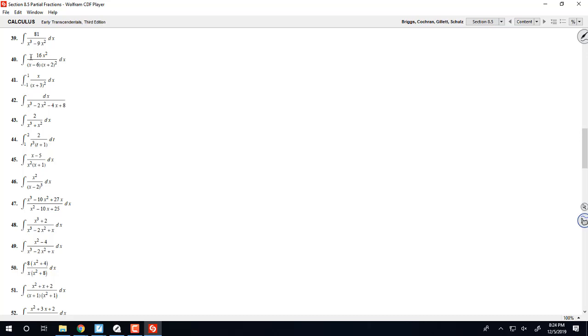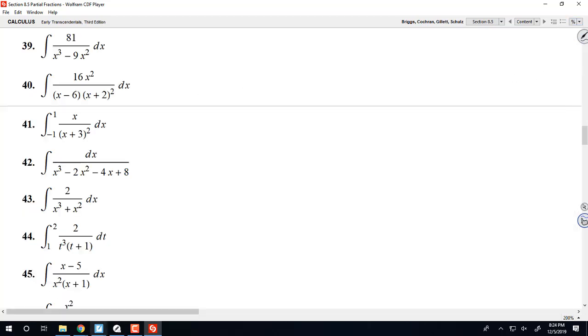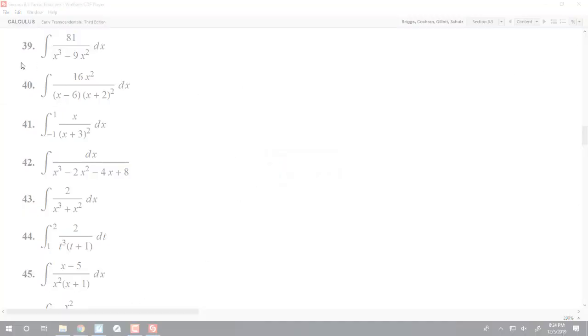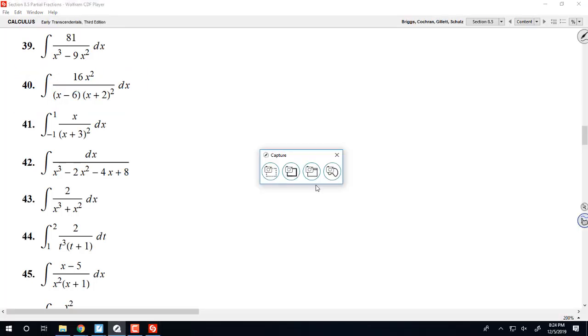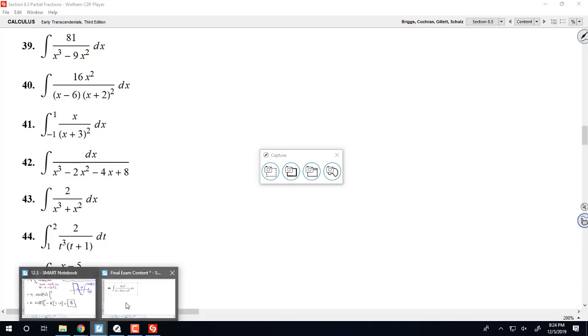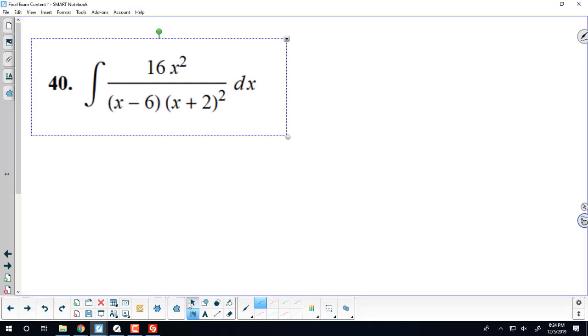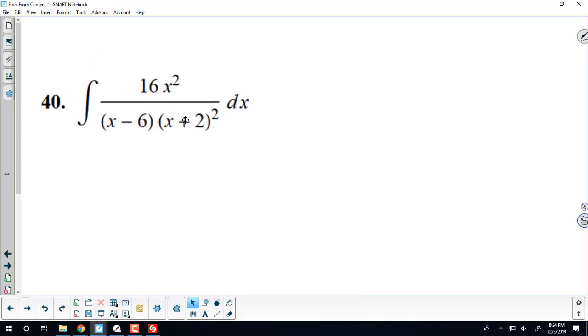I don't know how long this would take, number 40. It doesn't look that bad, but until we start working it, we won't know.